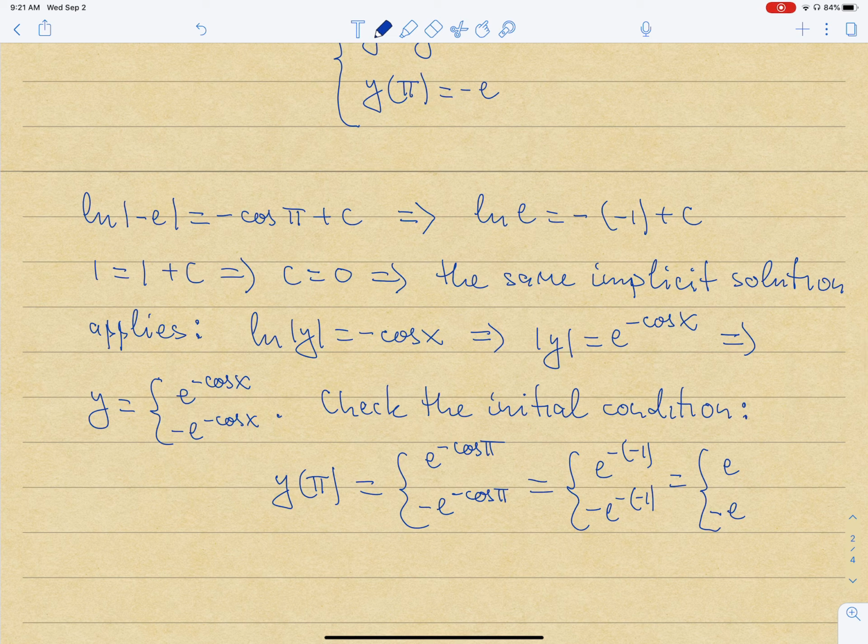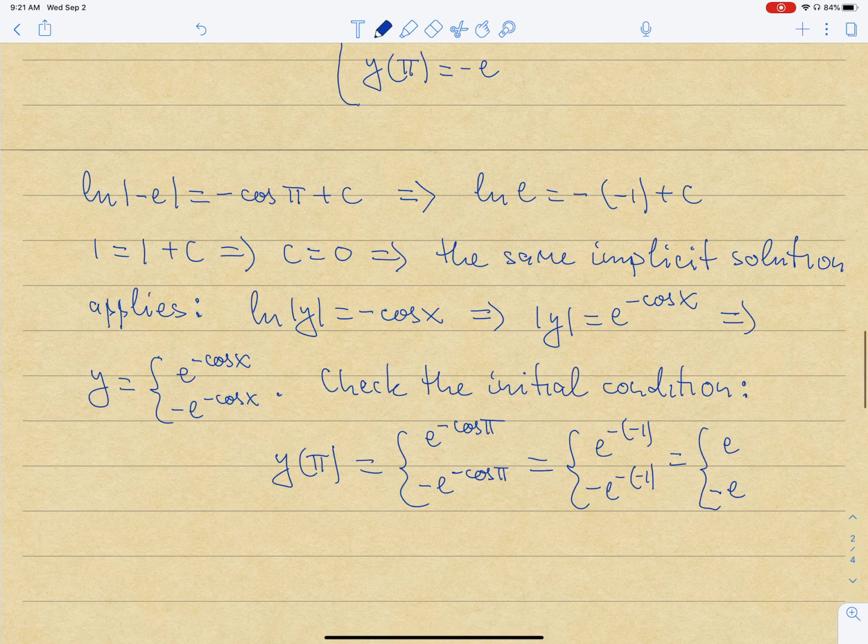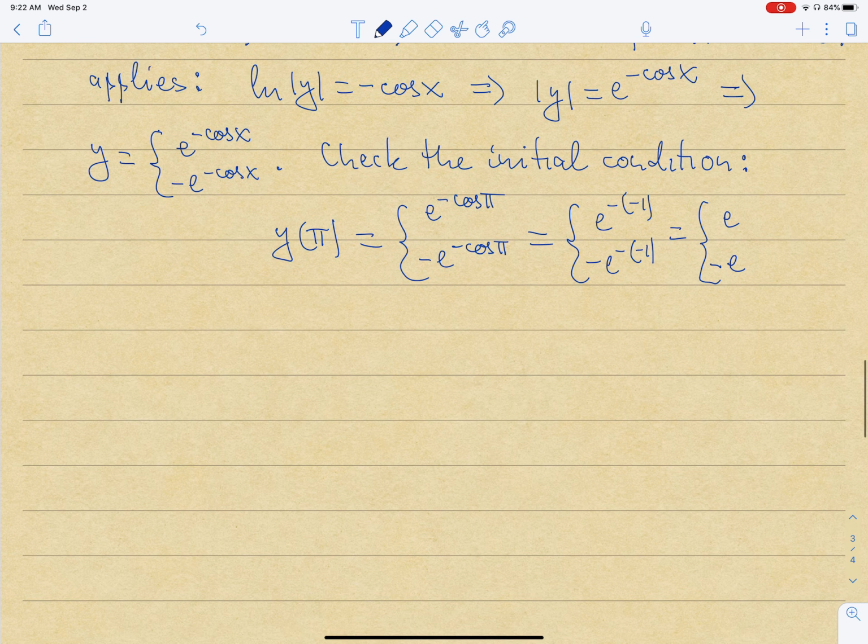Again, I look at my initial conditions. I see that I want y of pi to be equal to minus e, so that means that only the second solution applies. So the second branch of solution satisfies my initial value problem.